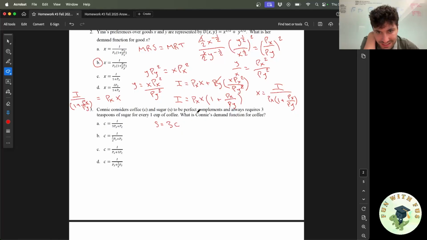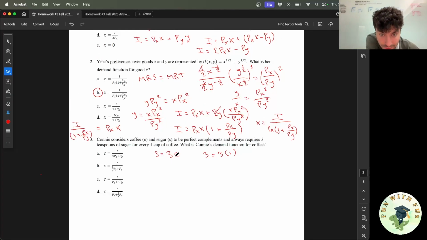What this means is if I put in 1 coffee here, then I would want to have 3 sugars. So 3 times 1 cup of coffee is in fact 3 sugars. This is the equation that you were set up with, and it makes sense because coffee gives you more utility, which is why it has a higher coefficient. But at first I was like, why is it not 3S equals C? And if you do it like that, then you will have a terrible answer.